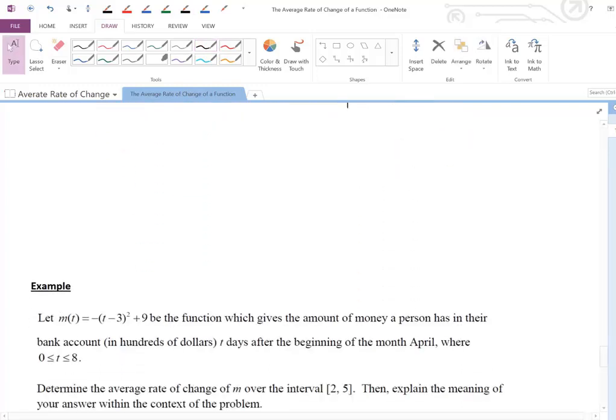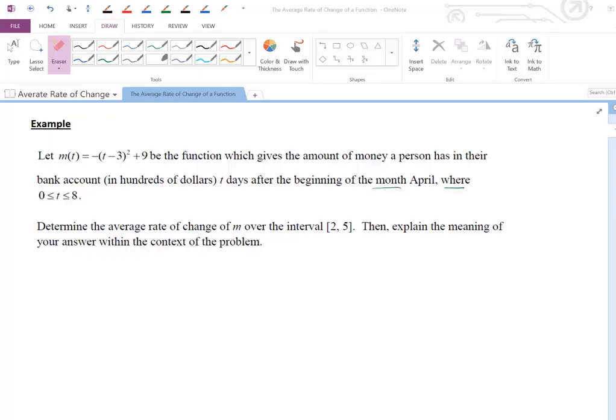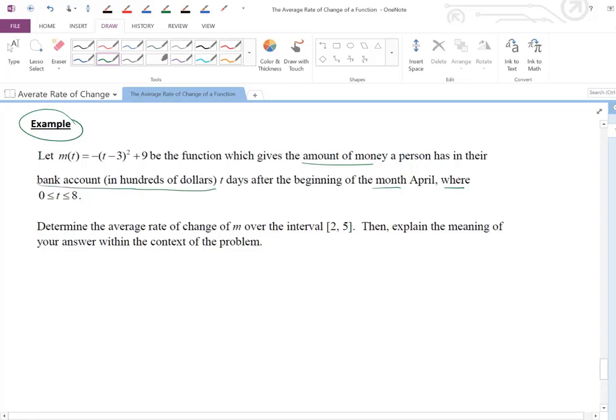All right, so there's one example. How about another example? And now for the next example, let's consider the function m of t, which is negative quantity t minus 3 squared plus 9. Let's let that be the function which gives the amount of money a person has in their bank account in hundreds of dollars t days after the beginning of the month of April, where we're counting it for the first 8 days.